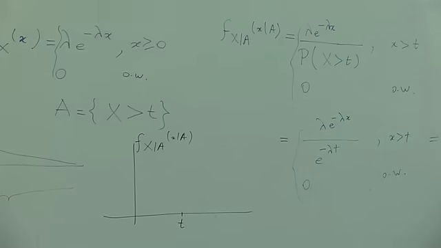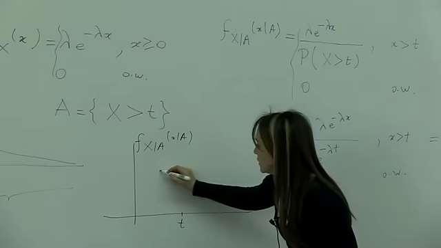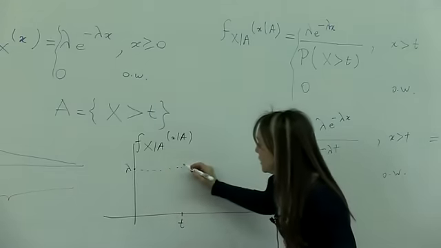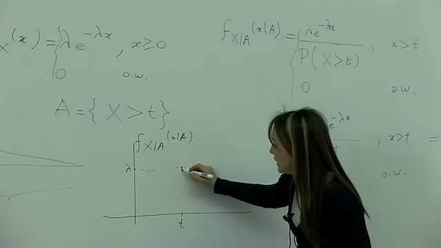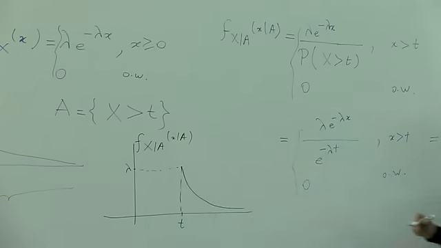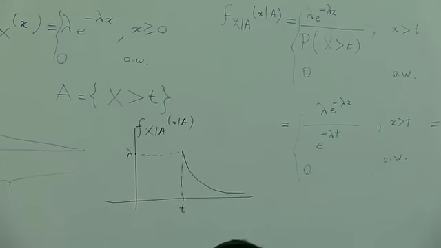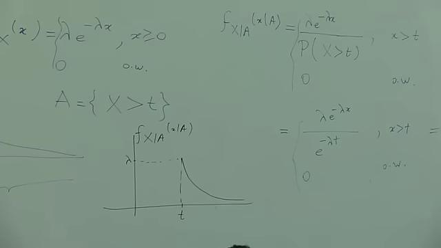At t, it becomes lambda, right? So it's at the value lambda right at t, and it decays like this after t. So it looks just like the original exponential PDF, only it's shifted to the right.